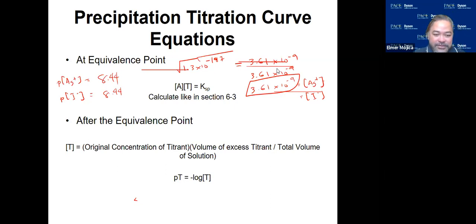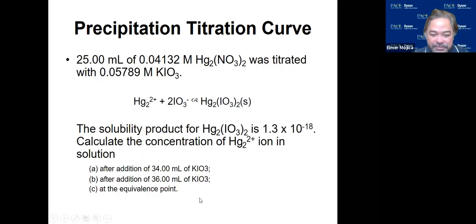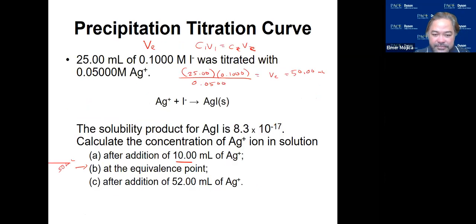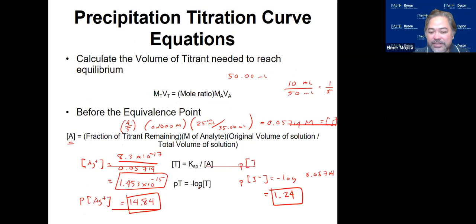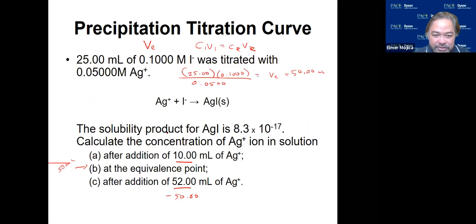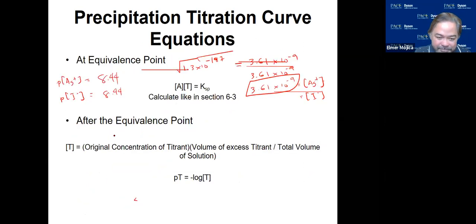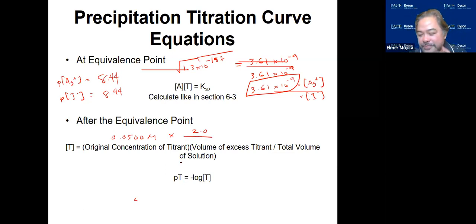All you need to do is take the original concentration of the titrant times the volume of the excess titrant over the total volume of the solution. So what is the excess here? We have 52 mL, and we only need 50 mL to reach the equivalence point. So we use the 0.05, because that's the original concentration of the titrant, and multiply it by 2 over the total volume of the solution now.